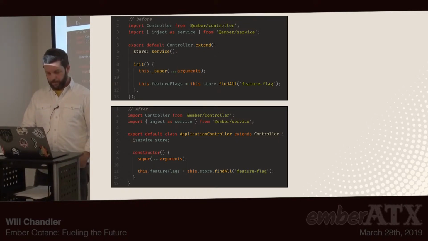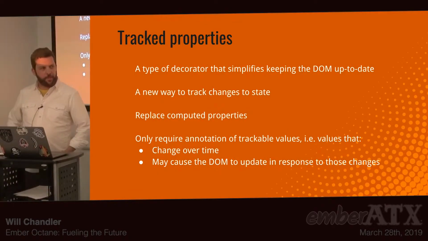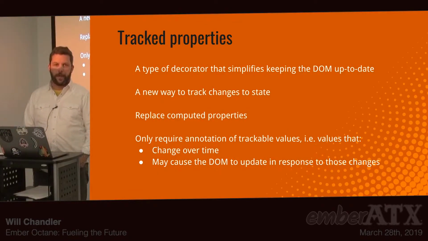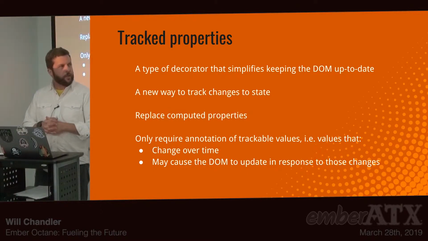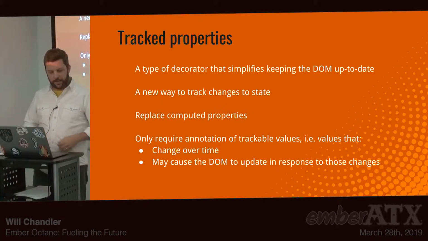Tracked properties are really cool. When I saw these introduced, I really liked the direction it was going in. A lot simpler syntax, and a lot less that developers have to do. It really manages state in a new way for Ember, being a decorator on a native class.